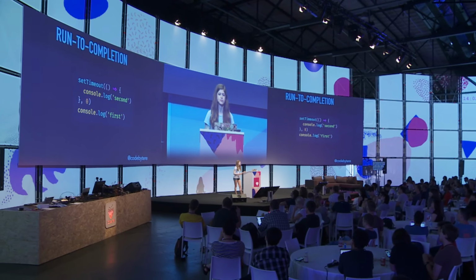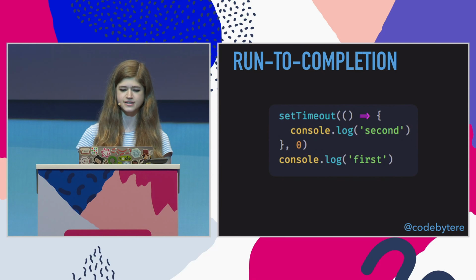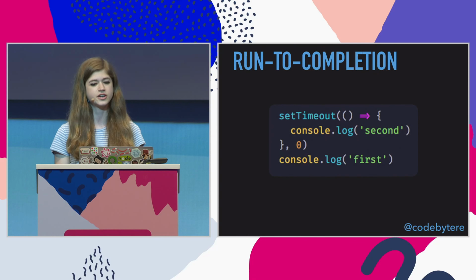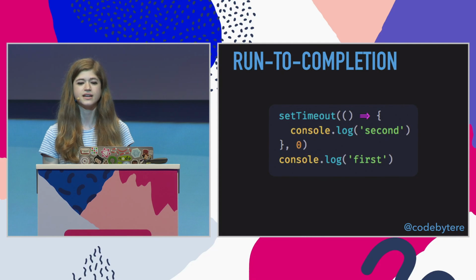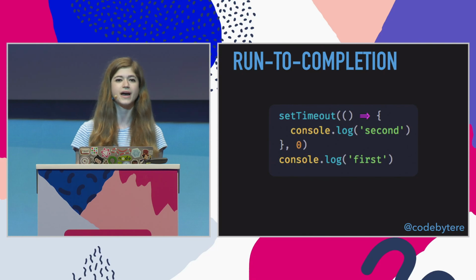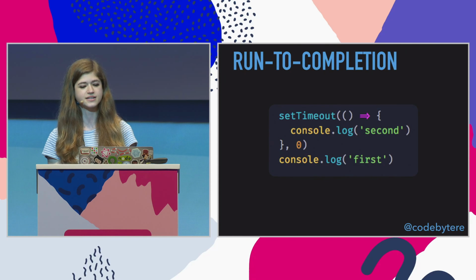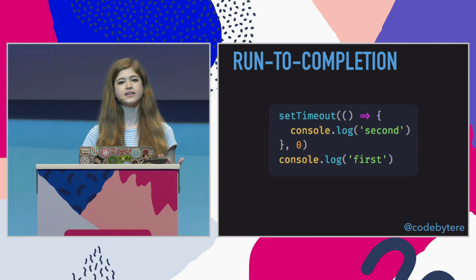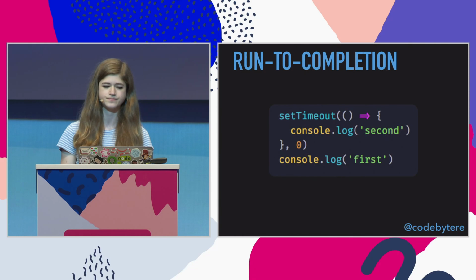It's also important to mention that JavaScript has what's known as run-to-completion semantics. This means that the current task always finishes before the next task begins, or until it explicitly yields control back to the event loop. As a result of this, each task has complete control over all current state and does not need to worry about another task modifying things at the exact same time.